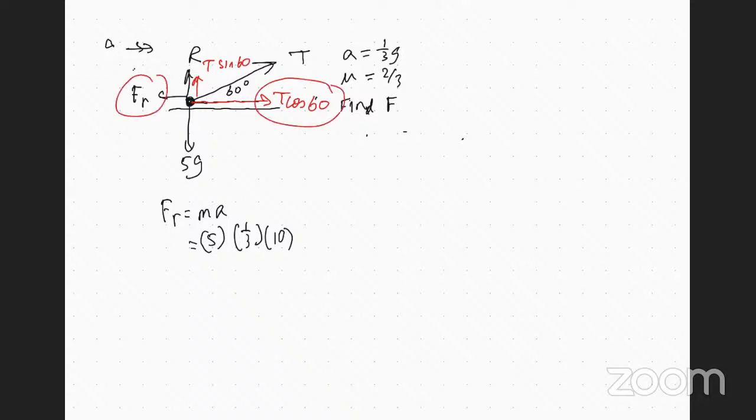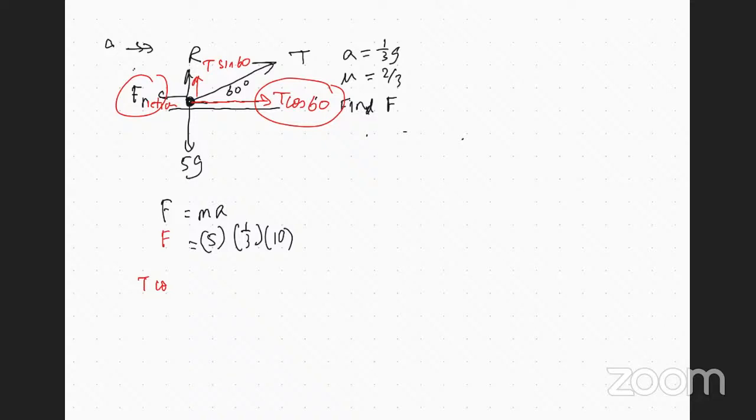Let me just use F alone here. So the horizontal force will be T cos 60 minus friction.